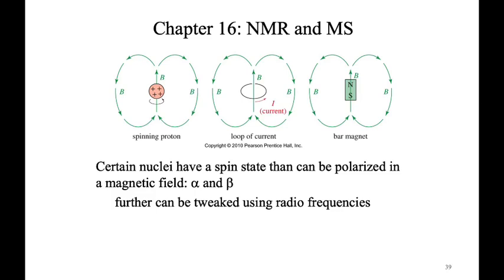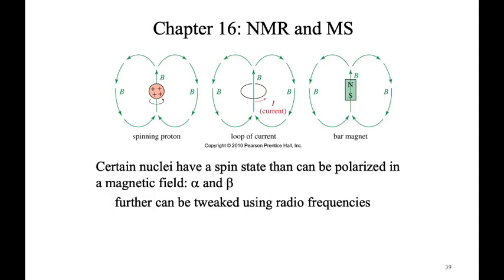What we now do is time how long it takes to realign to the external magnetic field. The time it takes, we can correlate to the environment that that secondary magnet is in. That's what NMR is trying to do. And that is crazy. But that's its attempt.